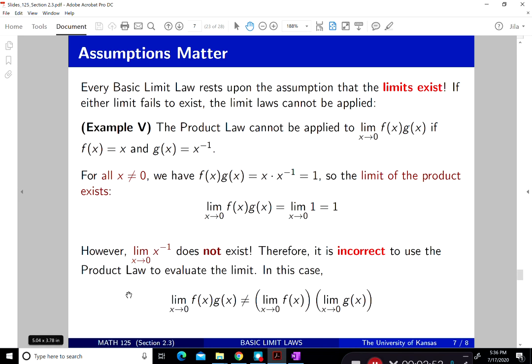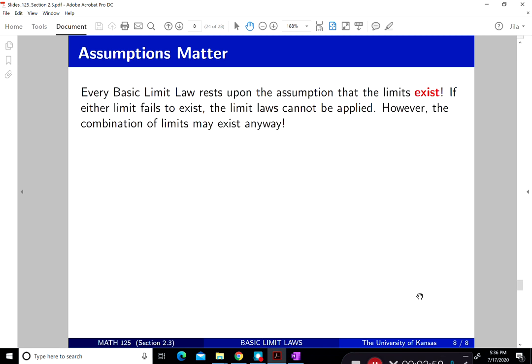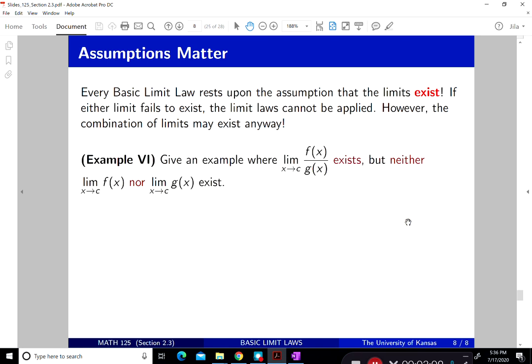So that's another thing, and so let's do one with the quotient law. Suppose the limit of f of x over g of x as x approaches c exists, but neither of the other two limits exists.